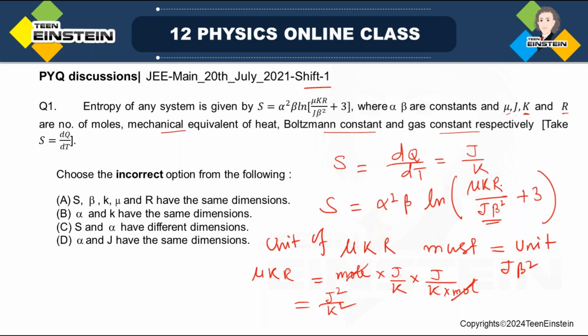Now look at the denominator of this ratio. I have j beta square. J is actually the mechanical equivalent of heat. One calorie means 4.2 joule. So this much heat can be converted into 4.2 joule of mechanical energy.